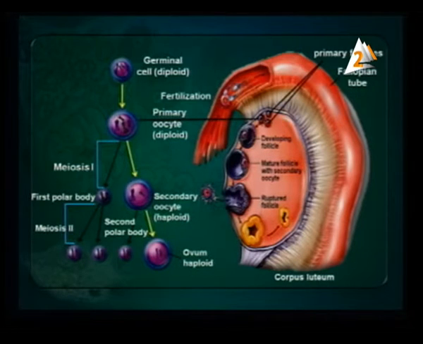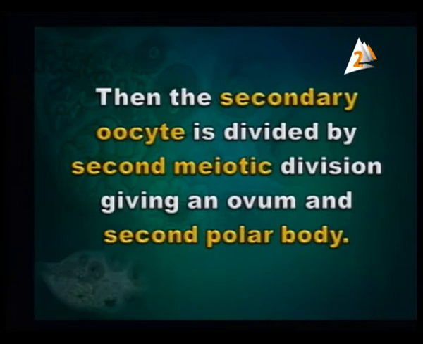Then the secondary oocyte is divided by the second meiotic division, giving an ovum and the second polar body. The first meiotic division gives one polar body and the oocyte. The second meiotic division gives an ovum and the second polar body.